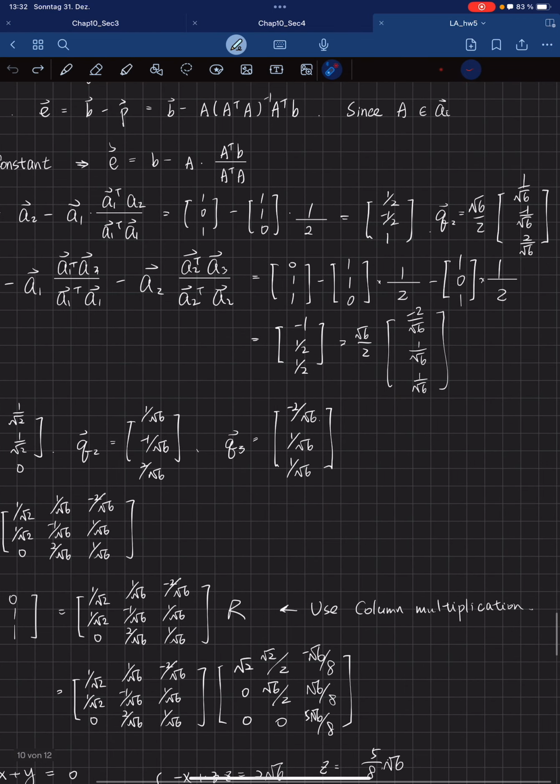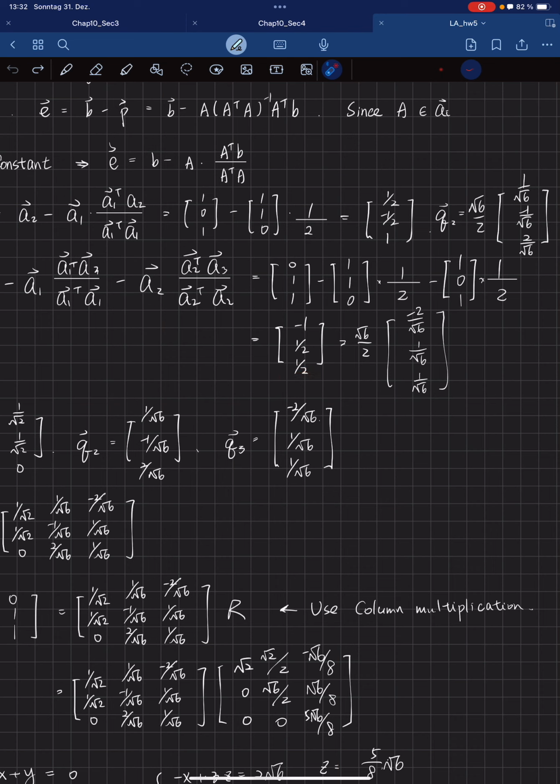And this is our parallel component of A3 with respect to A1, and this is our parallel component of A3 with respect to A2. And after subtracting these two, we end up with this vector that is orthogonal to A2 and A1.